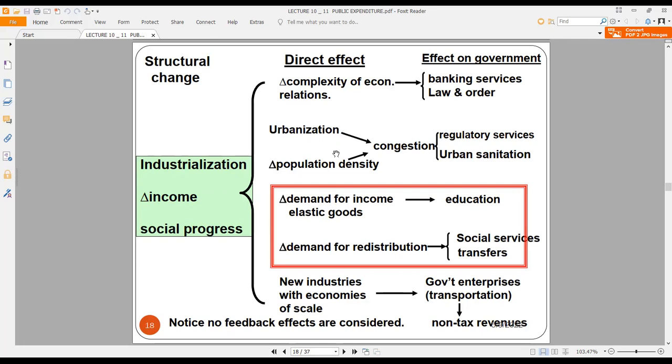And then urbanization and change in population density cause congestion. So the government will have to come in and set in some measures just to make sure that the congestion is taken care of. Urban sanitation and all that.